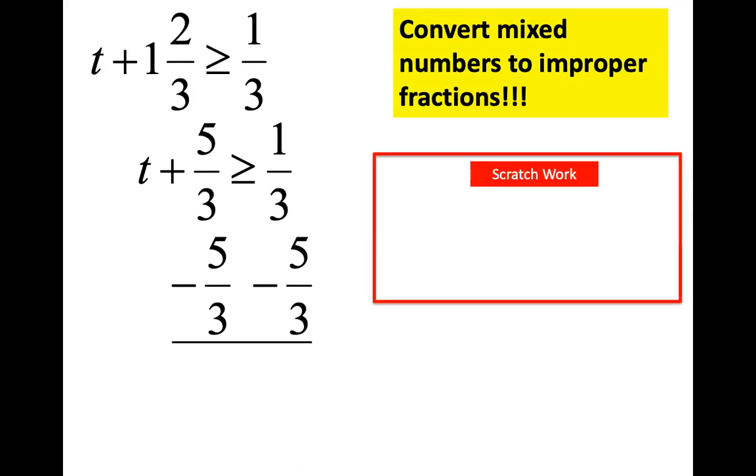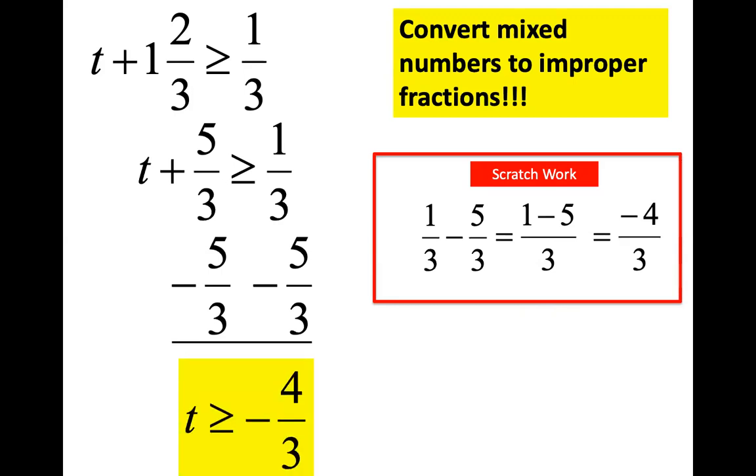So I need to do 1/3 minus 5/3. That's easy. What's 1 minus 5? The common denominators. 1 minus 5 is -4. See, I'm saying no one will make that mistake if you change it to improper fractions. So we get -4/3. I'll take that, replace that mess right there with -4/3, and that's the answer, because it's a one-step inequality.